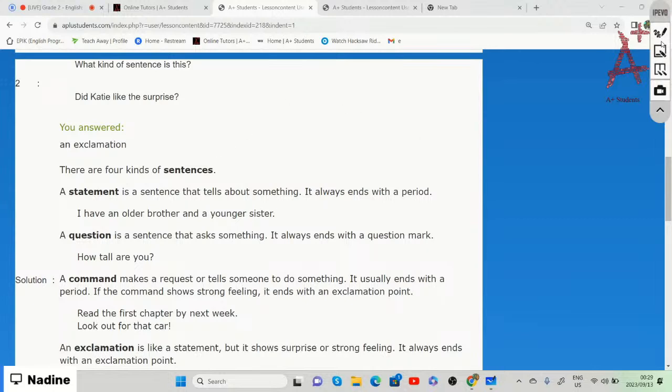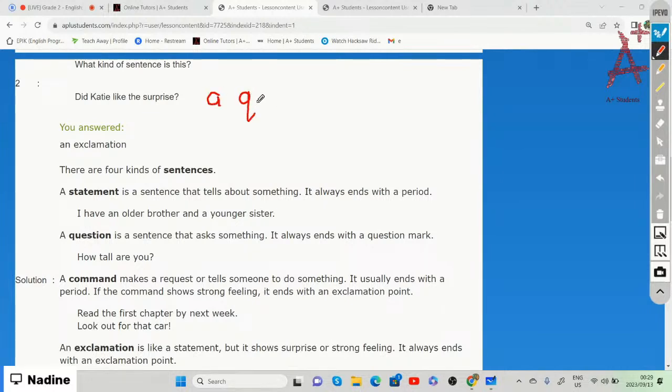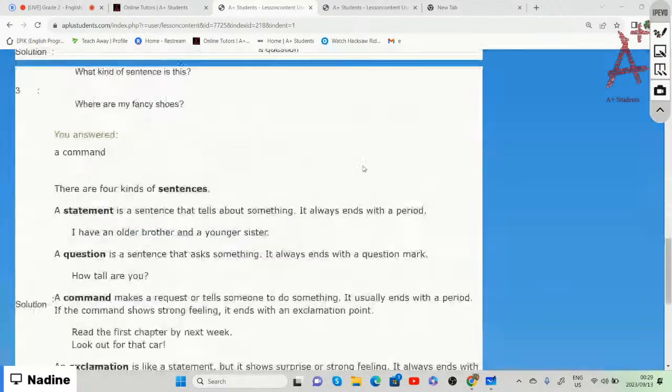It is asking something, and if it's asking something and it ends with a question mark, then this sentence is a question. And a question ends with a question mark.